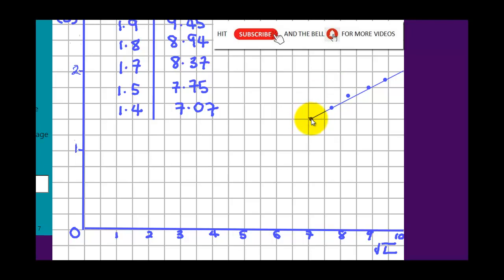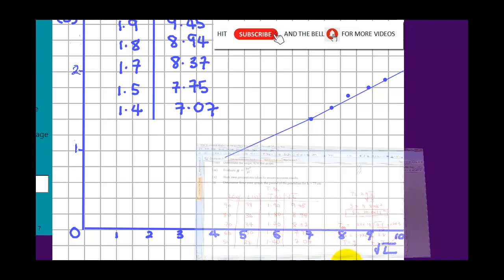So I'm going to continue, just to make sure it's a straight line. So now you can see my graph.